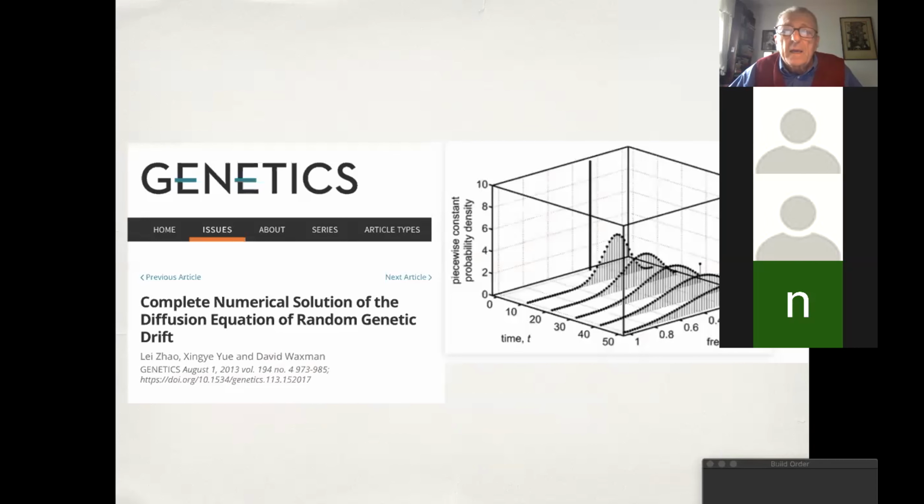examples. Here, to show you that the diffusion equation plays an important role in biology and in genetics, is the title of a paper from the journal Genetics, which says Complete numerical solution of the diffusion equation for random genetic drift. The diffusion equation plays a tremendously important role everywhere in applied physics.